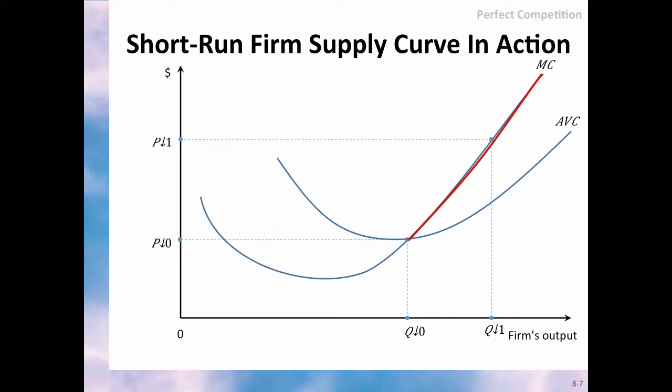Should the market price fall below P0 right here, this company would stop producing, since keeping producing would imply losing money. So this red line right here is effectively the supply of this company in the short run.